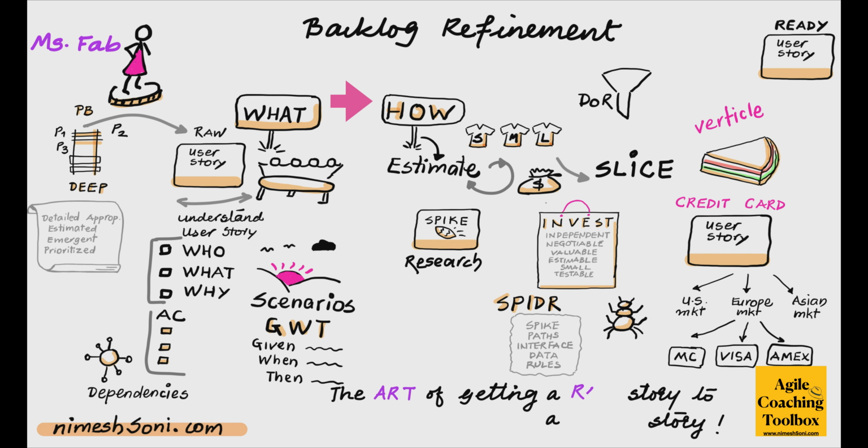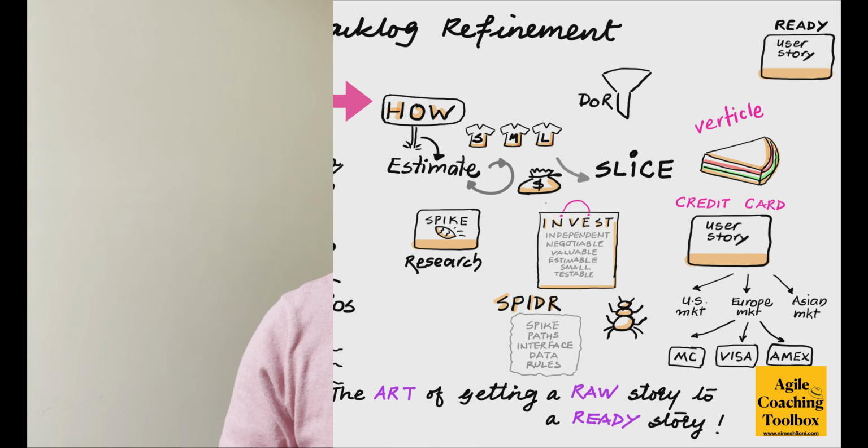So, the backlog refinement is nothing but the art of getting a raw story to a ready story. So this is essentially stepping through each of those steps in detail. This is how I would like the backlog refinement to happen in my team. This is how I coach my team to carry out this backlog refinement. This will make the backlog refinement much more productive.